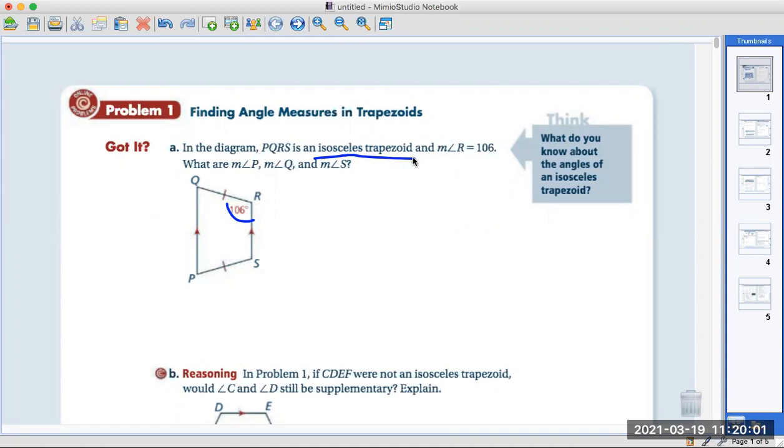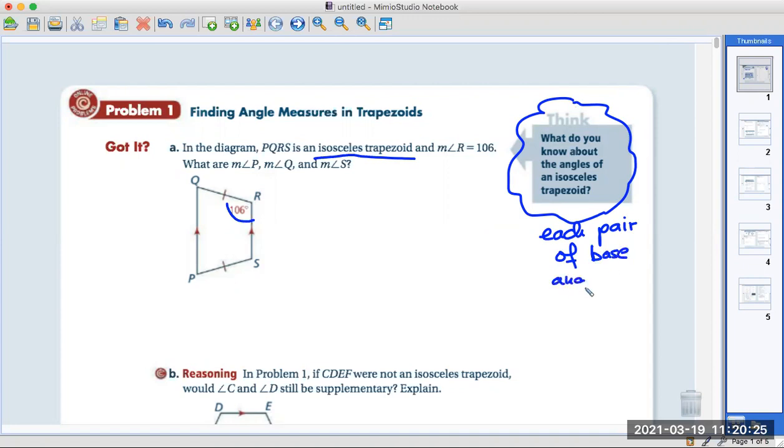So again, make yourself familiar with the picture and understand what it is you're looking for. Are we looking for a side or an angle? What do you know about the angles of an isosceles trapezoid? We just read it on the previous page. It said that each pair of base angles are congruent.